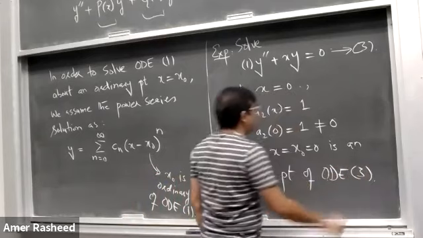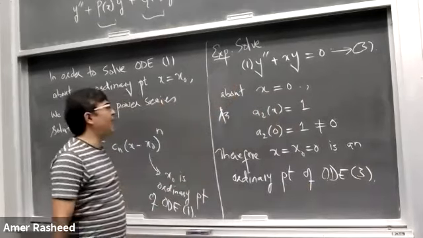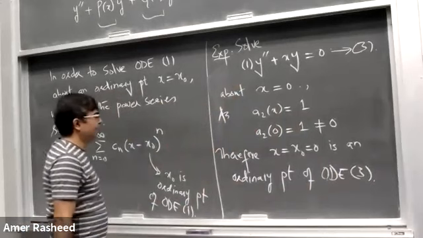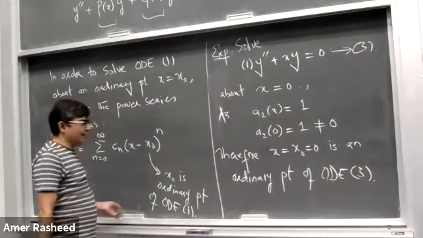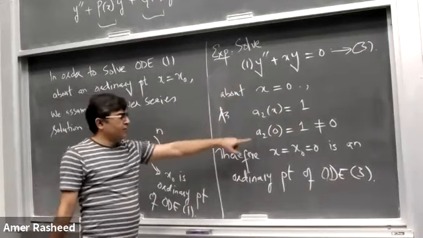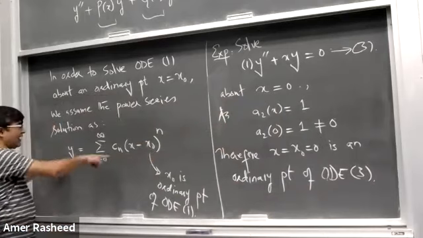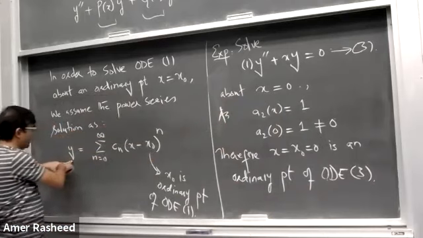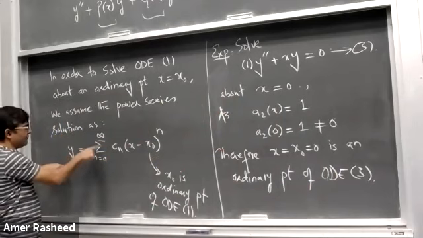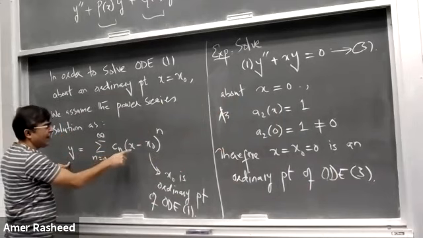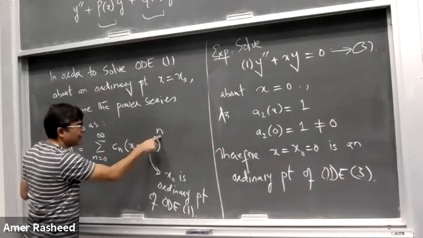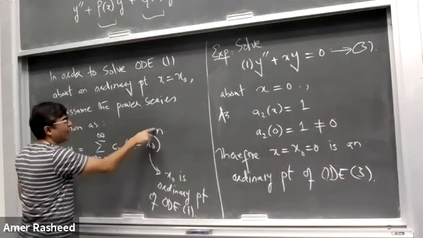If it is an ordinary point of that ODE, then the power series solution would be y equal to summation n from 0 to infinity Cn (x minus 0) power n, so it becomes x power n.